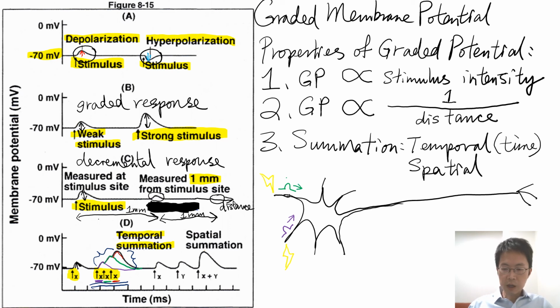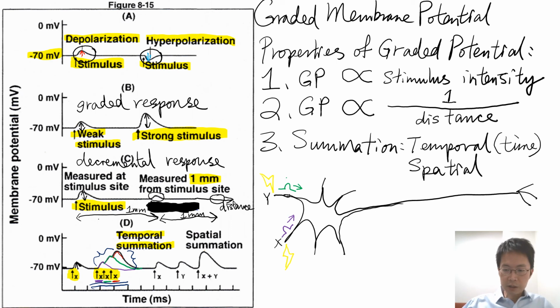The two mild electric shocks are of the same intensity. It's just that I apply them at different dendrites. I call this dendrite X, and this dendrite Y. But the intensity is the same.